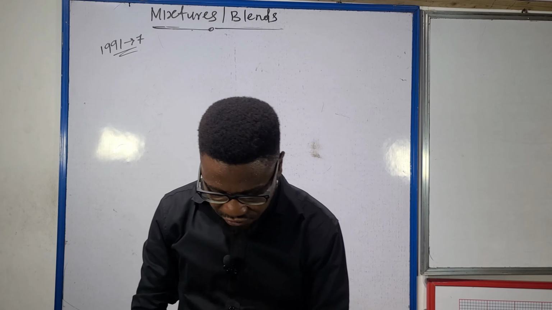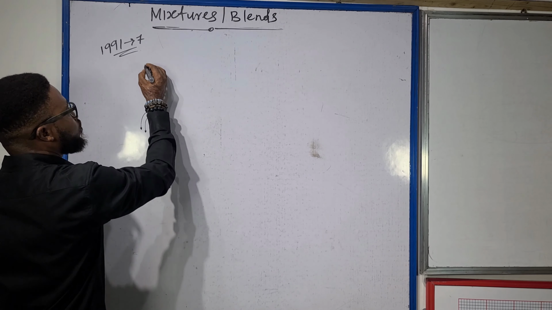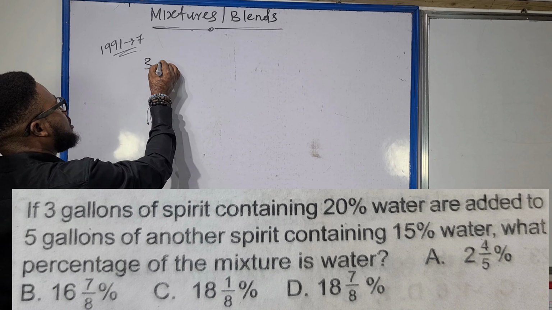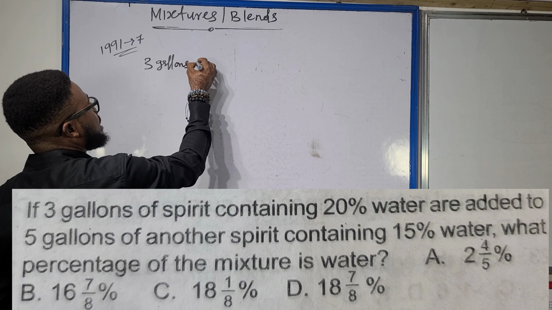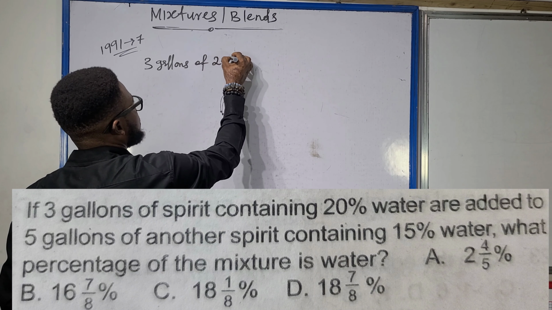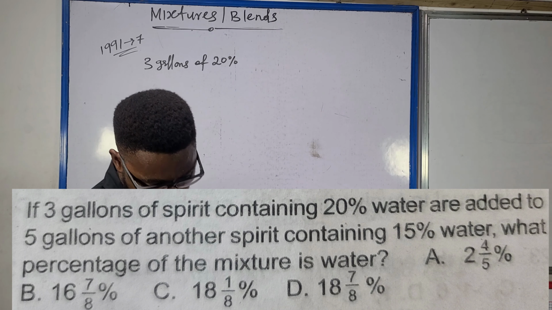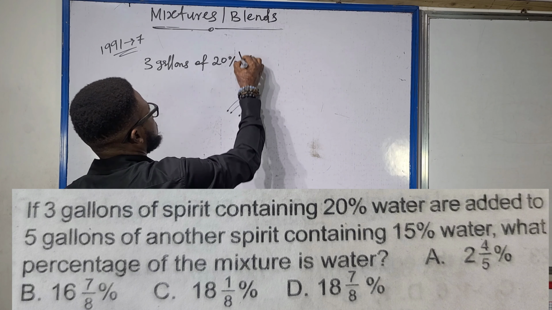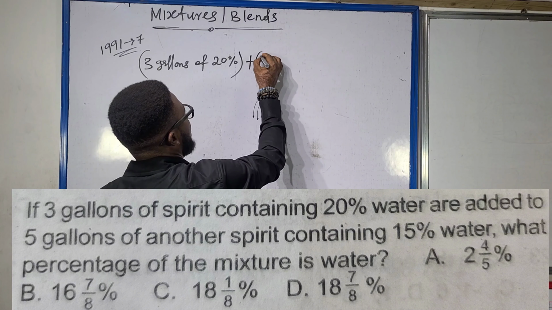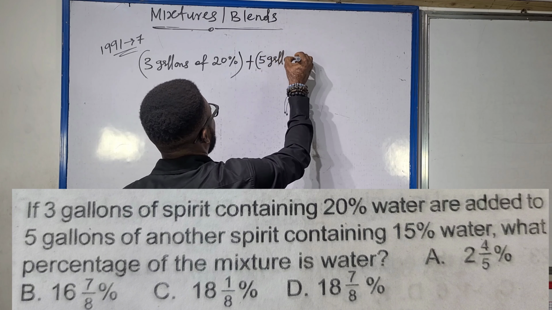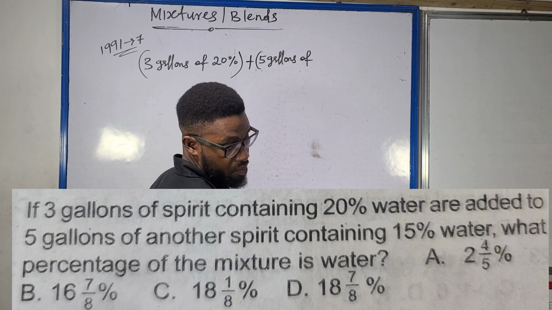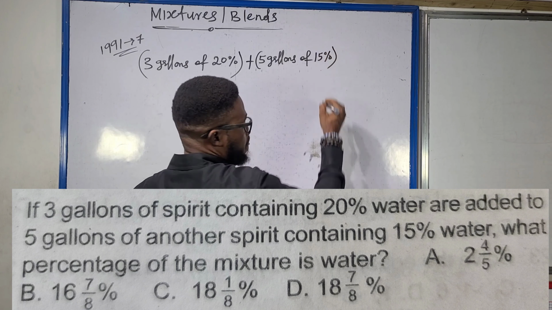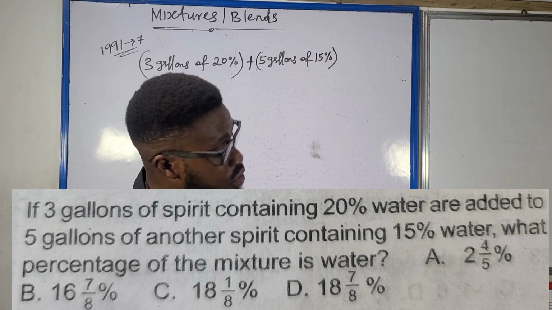It says, if 3 gallons of spirit containing 20% water are added to 5 gallons of another spirit containing 15% water, what percentage of the mixture is water?